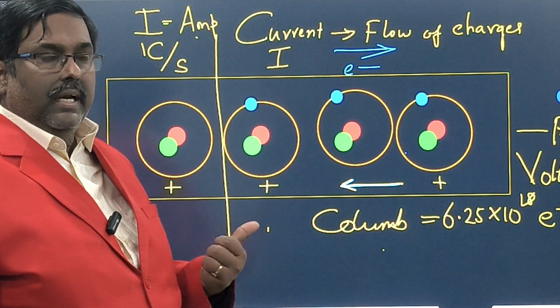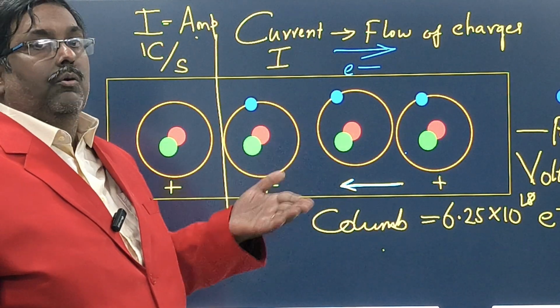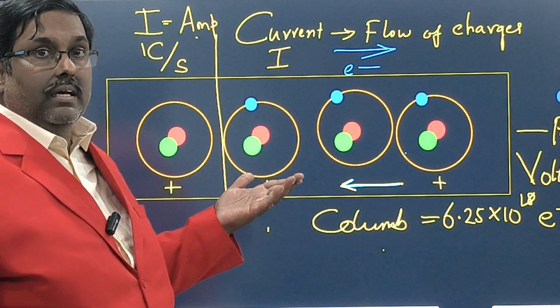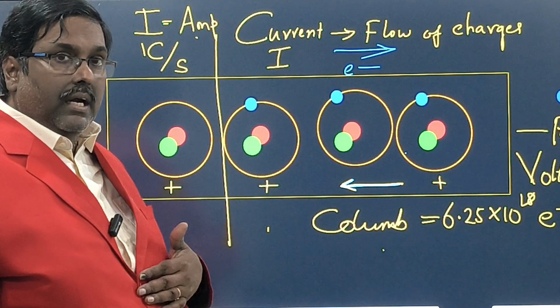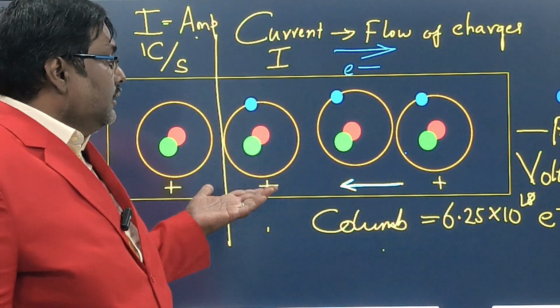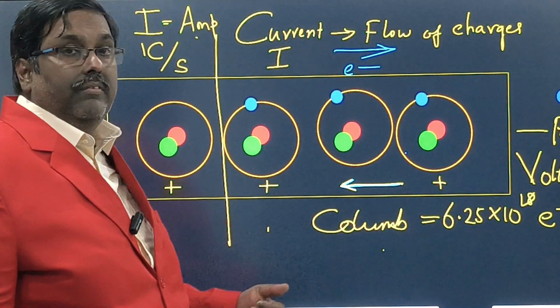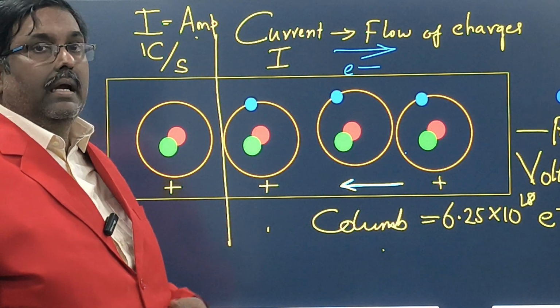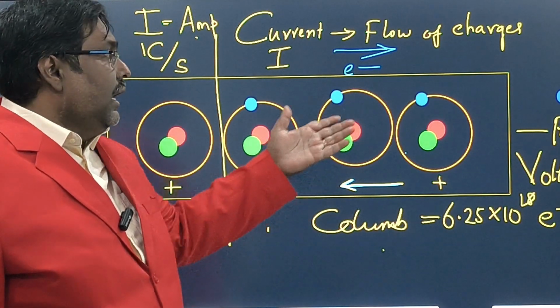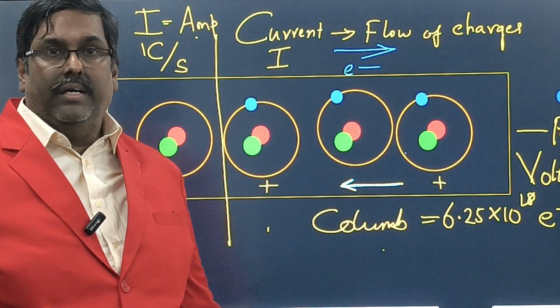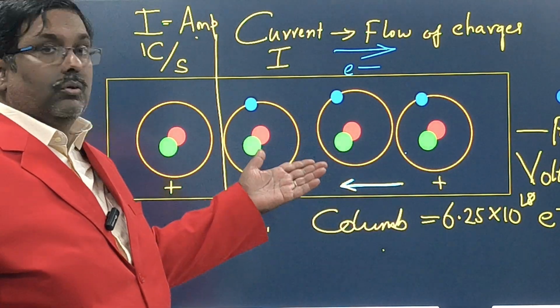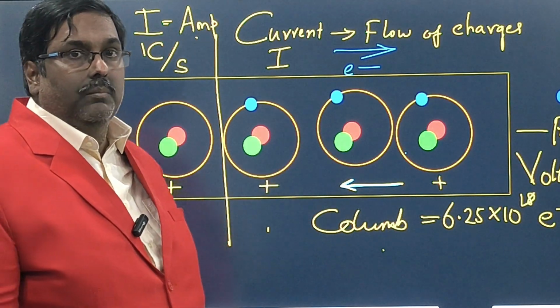I explained why it is opposite. Now you understand the conventional current direction, why we use it, and what the ampere rating is. Ampere is the quantity of the electrons, and the speed of the electrons is called voltage, which is a force. These are the things we discussed in this video.